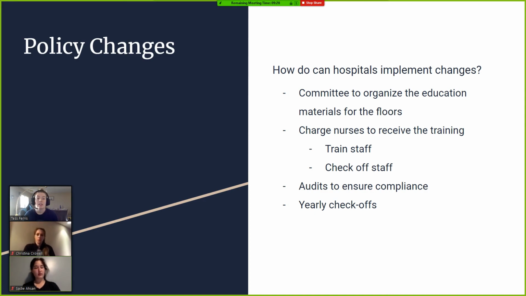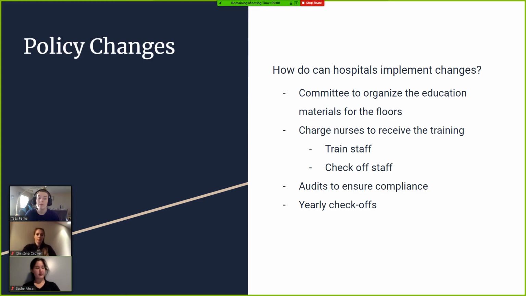And then the ventilator bundles that we set forth, that the CDC and the IHI have shown, have been shown that they can reduce the risk and incidence of VAP. And then healthcare workers need to make sure that we are adhering to the ventilator bundle because it is critical to preventing the VAP and making sure that we have better outcomes for our patients.